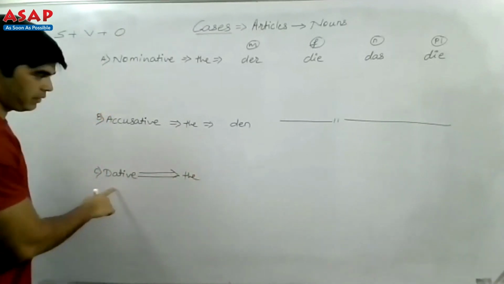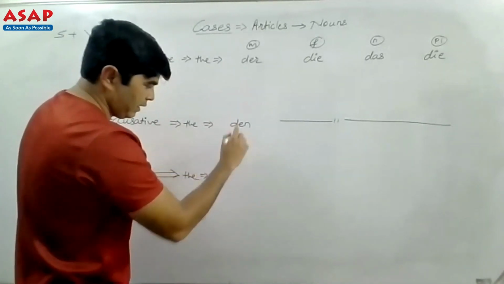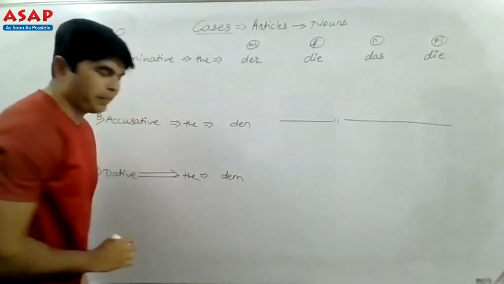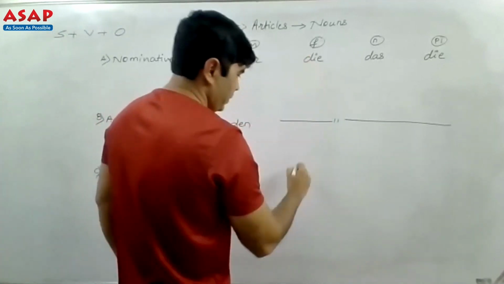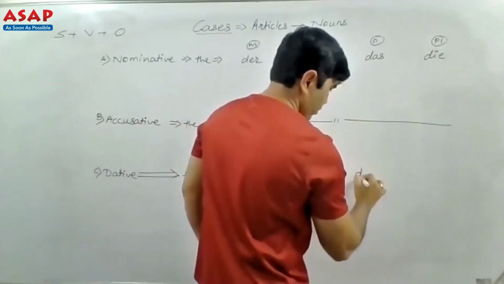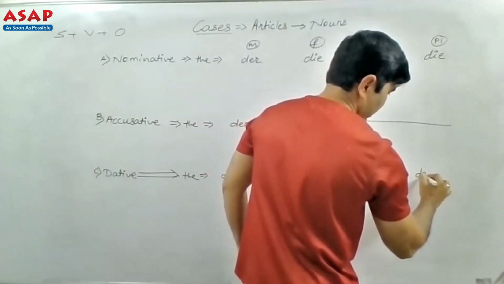Now, in dative case, der becomes dem, die becomes der, das changes again to dem, and die changes to den.